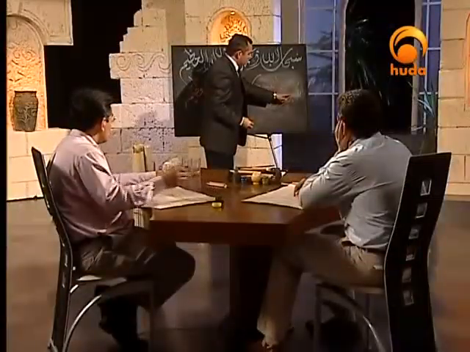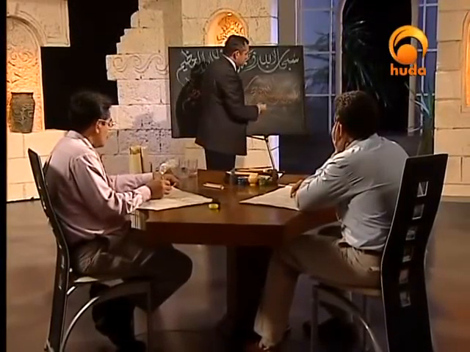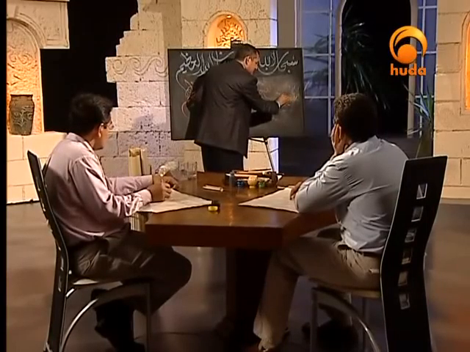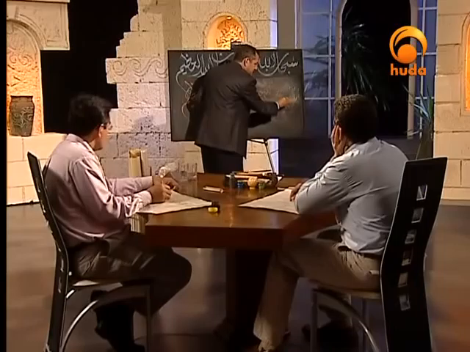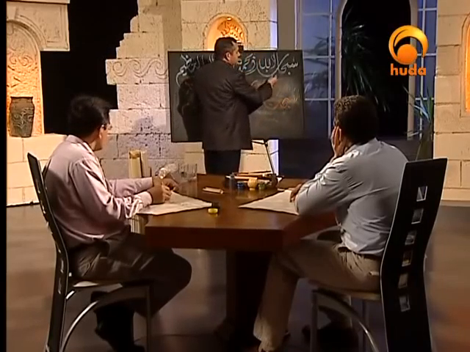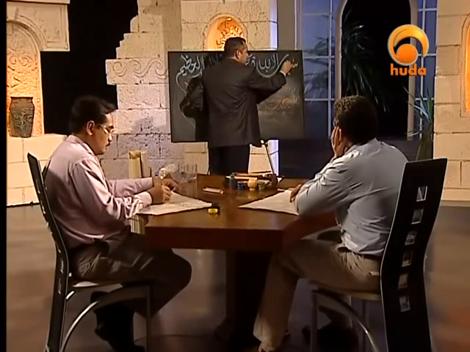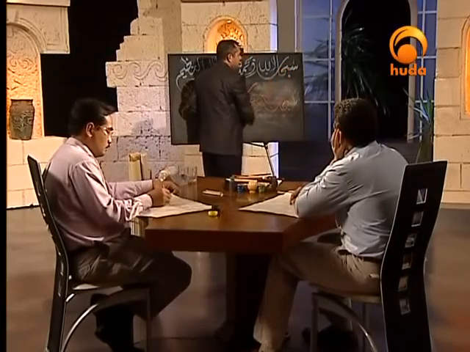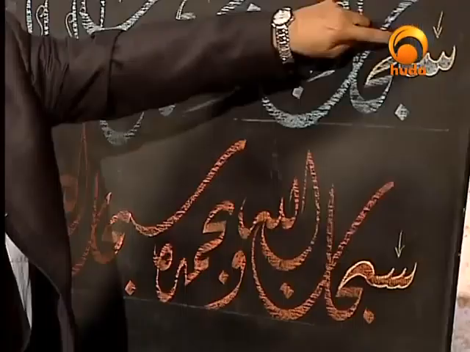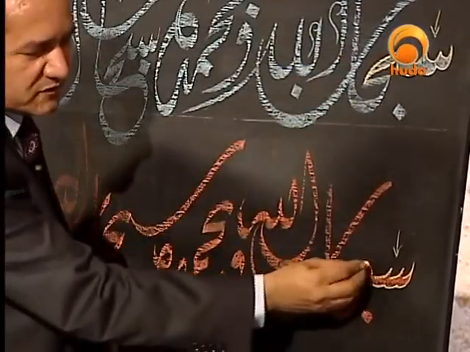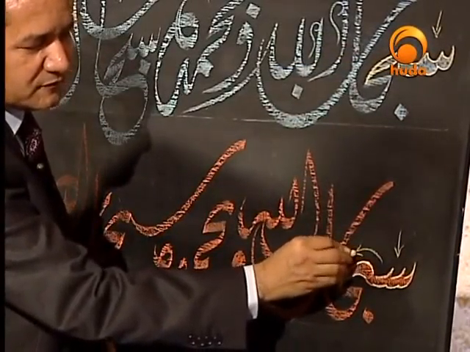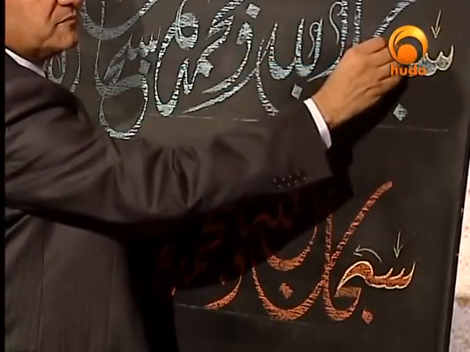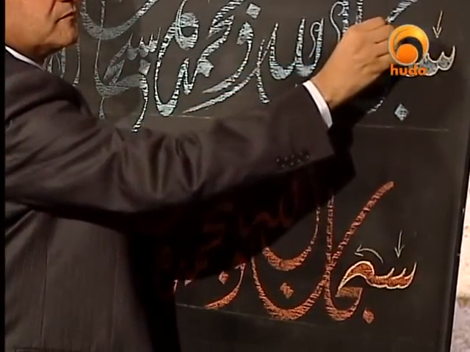This curve of ba after sin, I can see it also comes like this. Although the same ba comes the other way with a sharp edge from here, it has a very smooth curve from the top, but with a sharp edge going up.